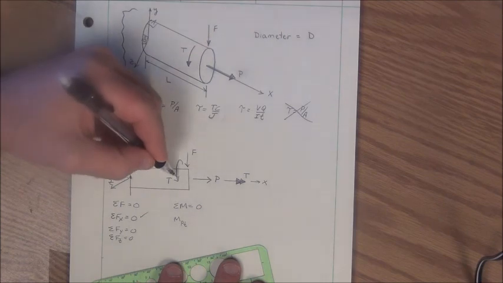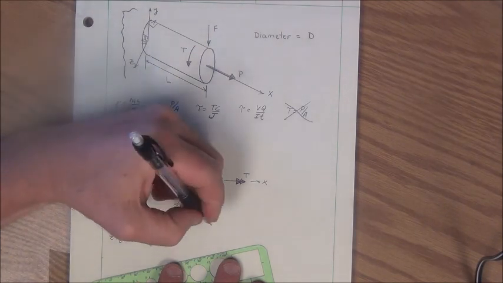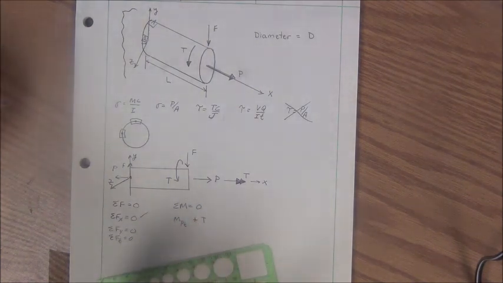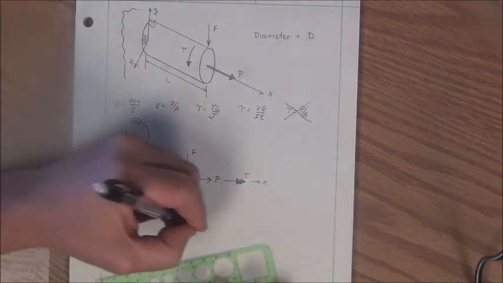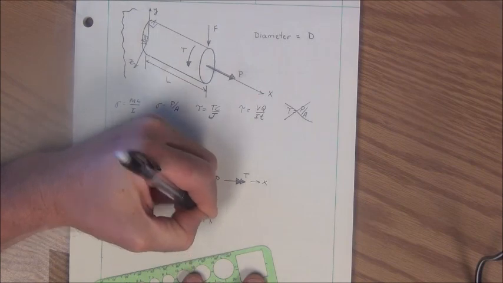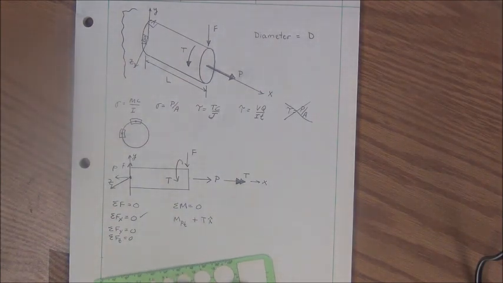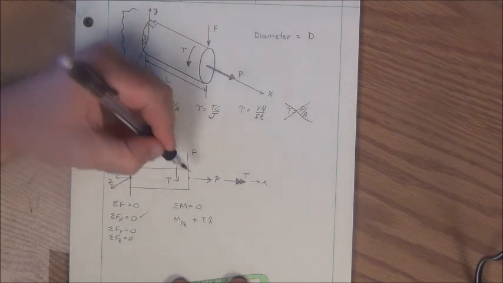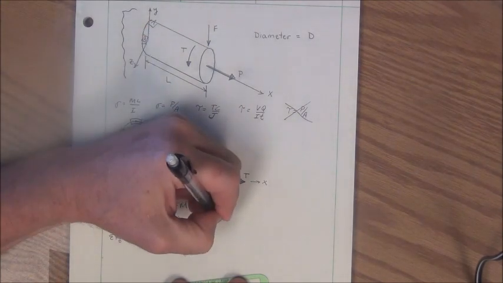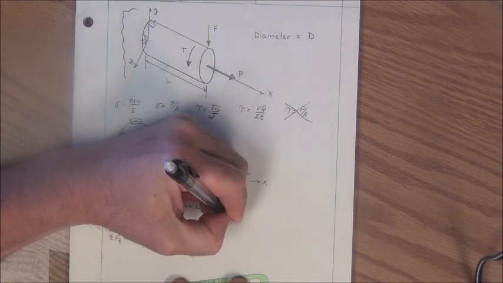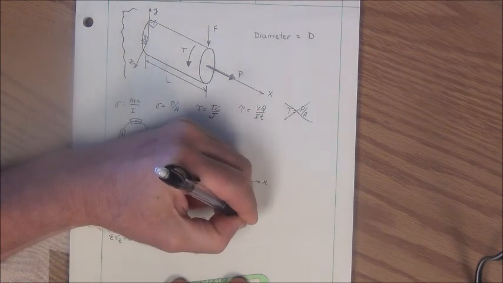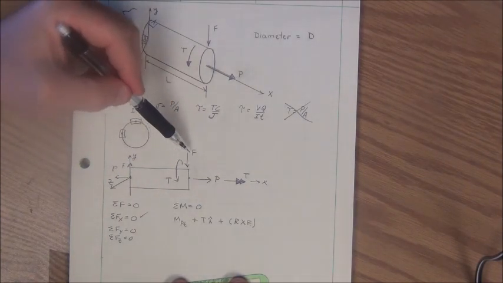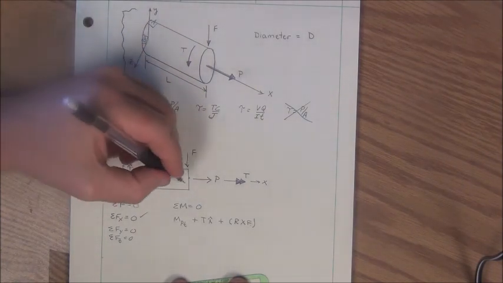As I move along my beam, I hit an applied torque. This torque is applied in the positive I direction or X direction, and I'll denote that as the unit vector I. I then come to this point where I hit my forces, and so I will have a plus an R cross F, which represents the moment due to the forces at this point.